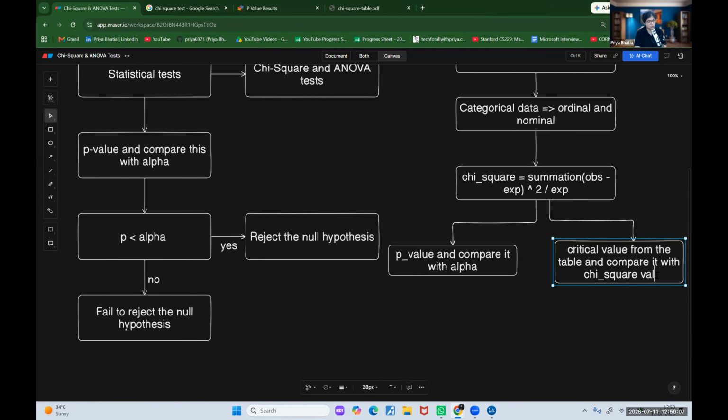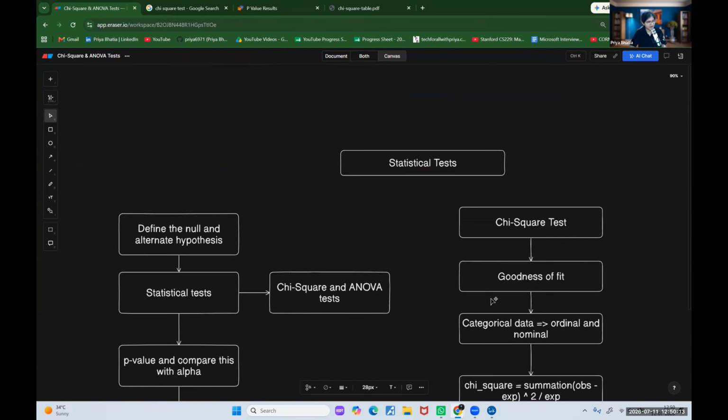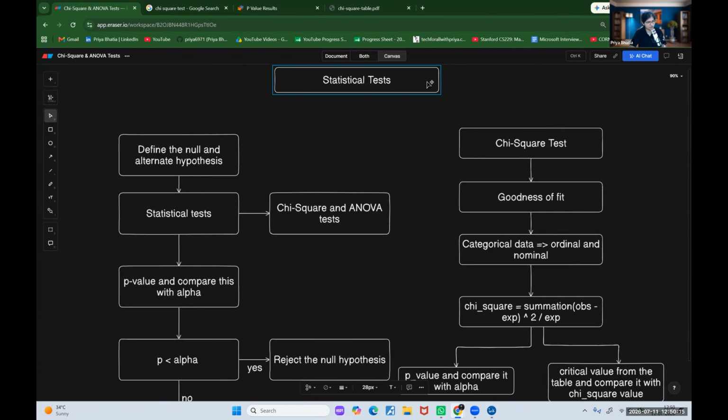With both ways, whatever result you get will be the same. It's common. All good? Are we getting the clear picture of it?